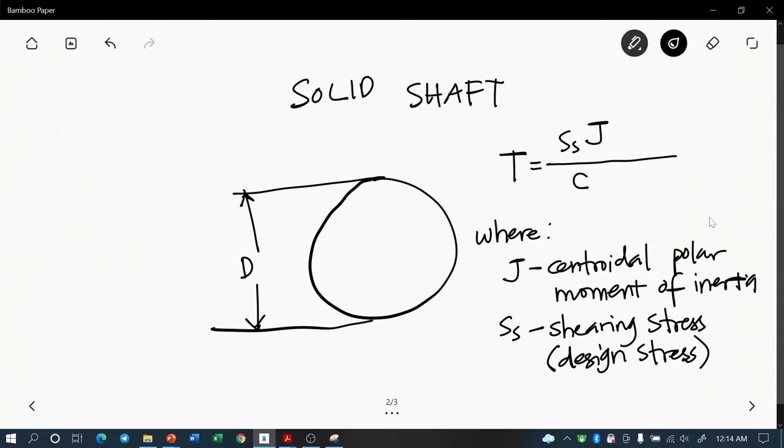T is the applied torque, and C is the distance from the neutral axis to the point where the stress is desired.